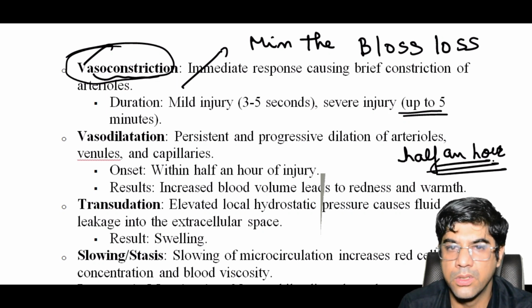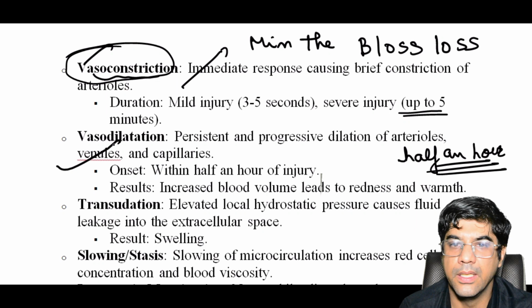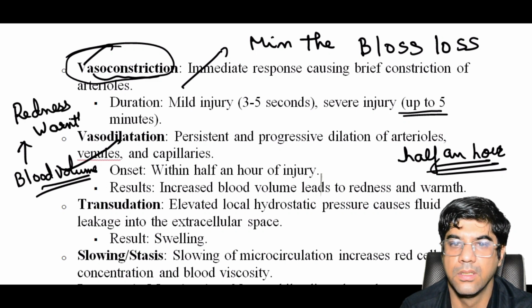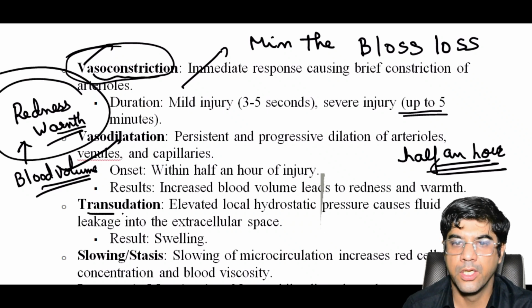So what do you think happens when the blood vessels dilate? Yes, there would be an increase in the blood volume, which leads to redness and warmth. The third step is transudation.